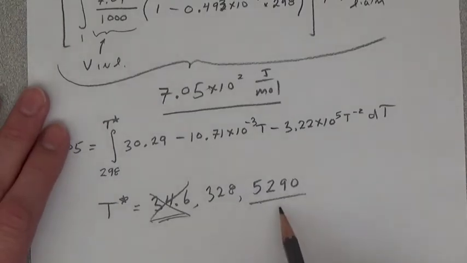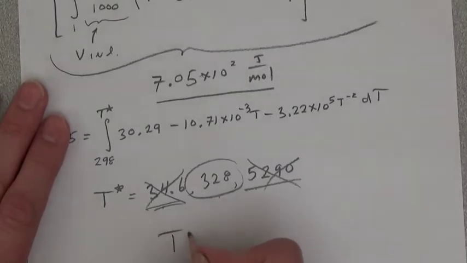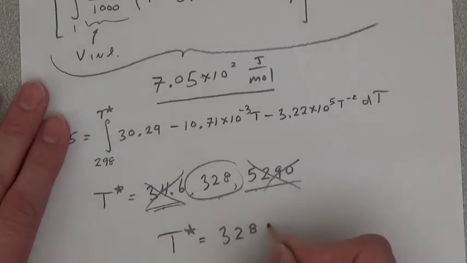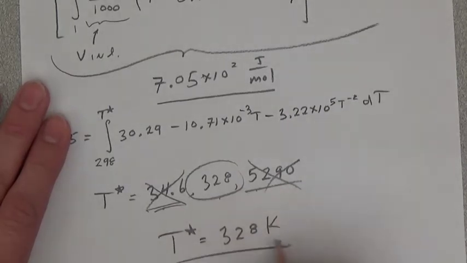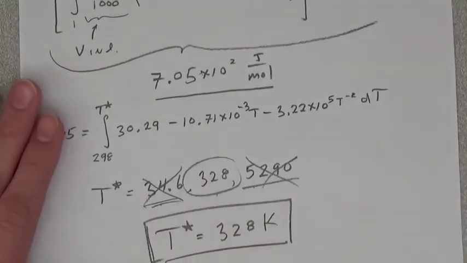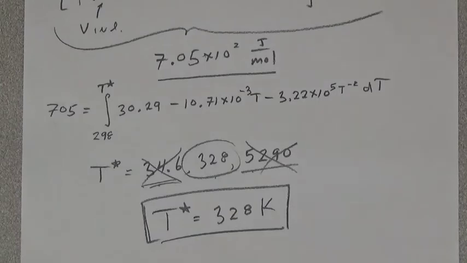This is above the melting temperature, therefore that's the answer. So we have to heat from 298 to 328 K to get the equivalent change in enthalpy as having the pressure change from 1 to 1000.